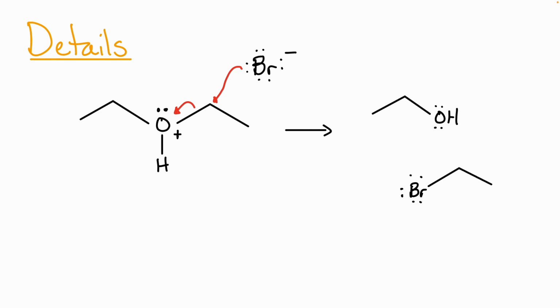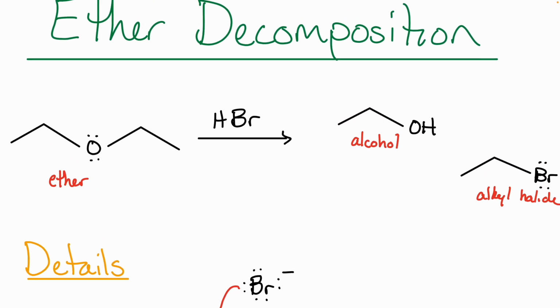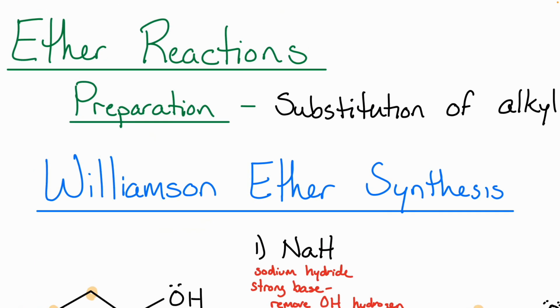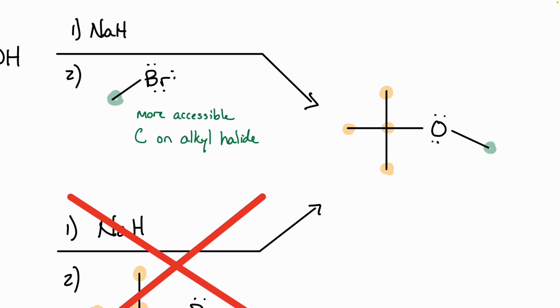Cool. So in this particular example, we started out with this symmetric ether. So my alcohol had 2 carbons, my alkyl halide had 2 carbons. But now we're going to go to a similar problem. What if instead I started out with this guy, and I'm going to treat this with HBr? Well, just like before, we could have 2 possible outcomes here based on what we've discussed.